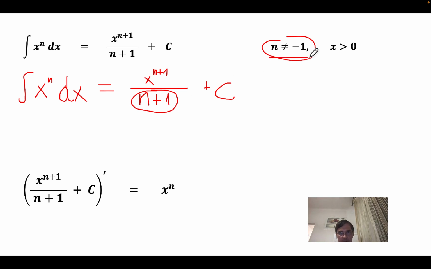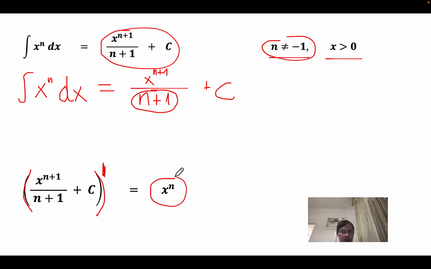So this formula holds as long as n is not -1. And we'll be assuming for simplicity that the x's are positive. And how do we check that this is indeed an antiderivative of this function? Well, when we take this function and compute its derivative, that will give me exactly this function x to the n.